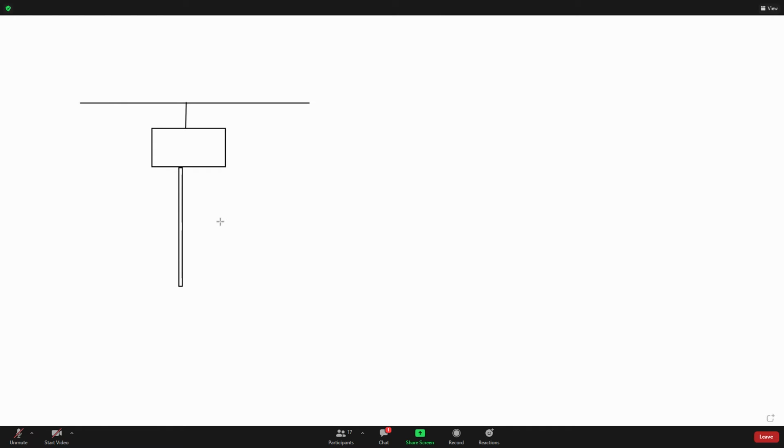So that's a heavy rope. And we'll hang another mass off the heavy rope. So this is M1. This is M2. The rope has a mass, which we'll call M sub R for the mass of the rope.